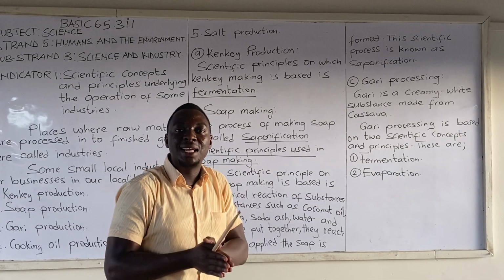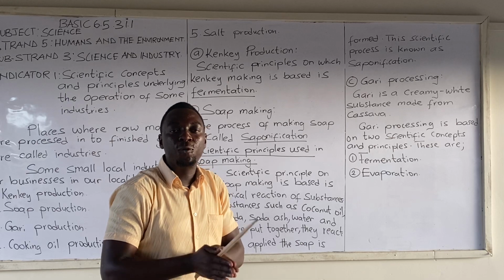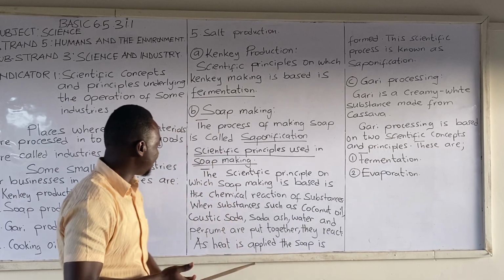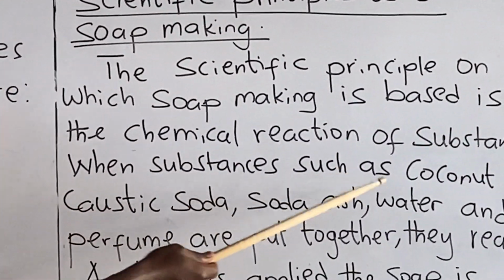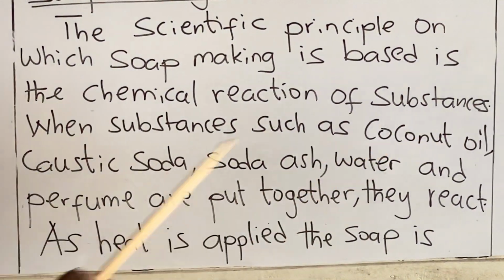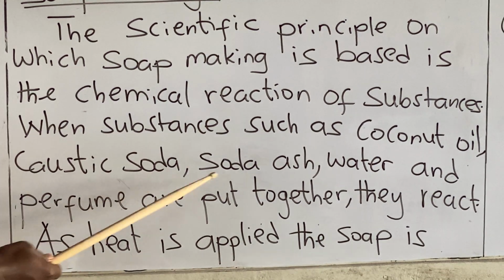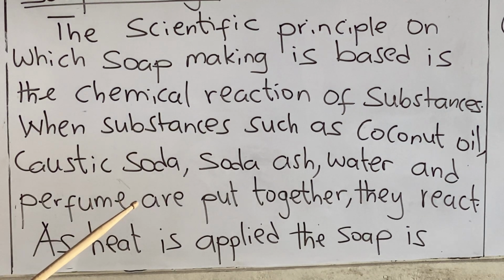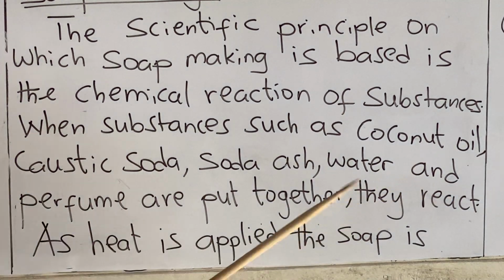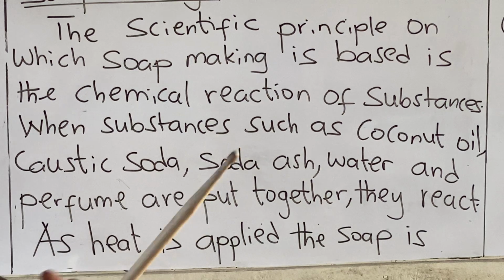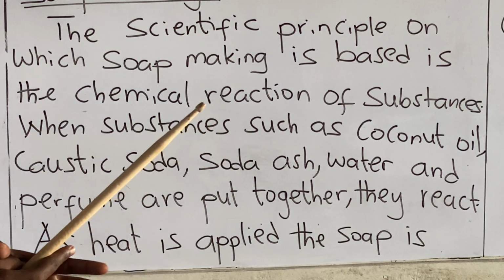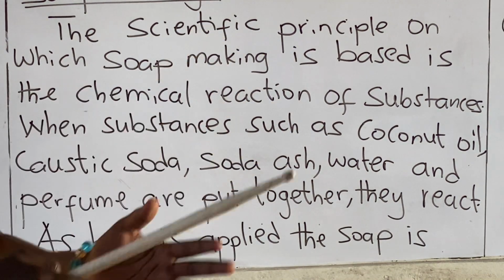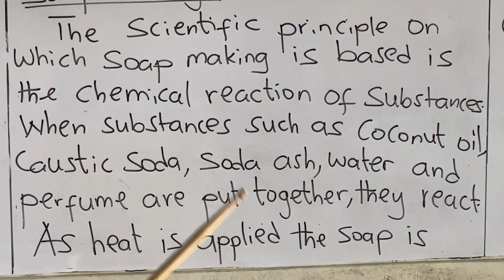Let's look at these substances that react to form the soap. When substances such as coconut oil, caustic soda, soda ash, water and perfume are put together, they react. Let's look at the other activity that will join it to form the saponification for the production of soap.